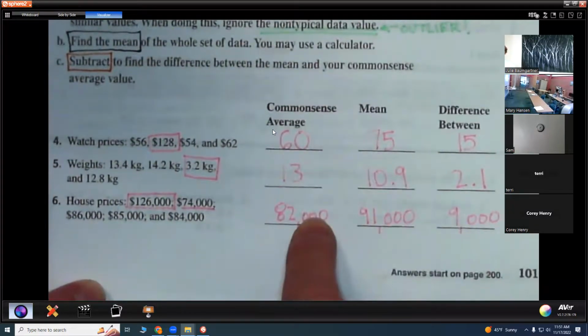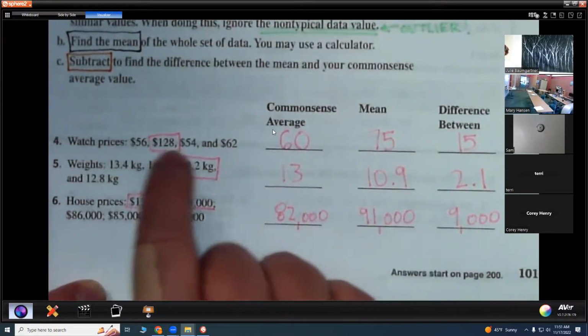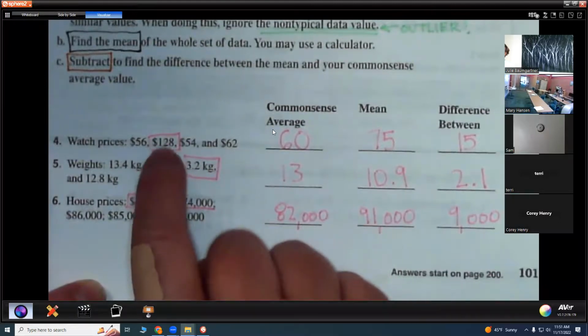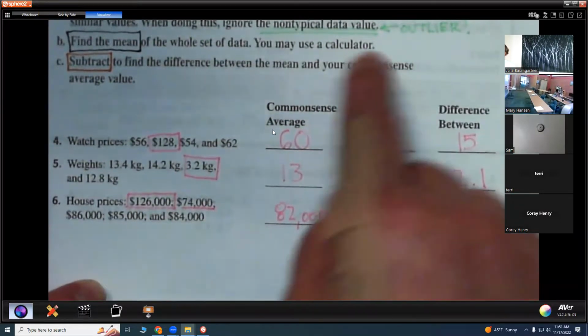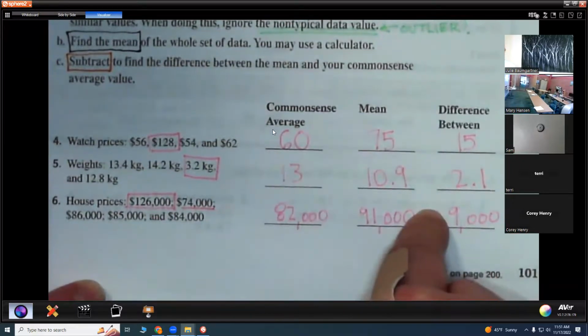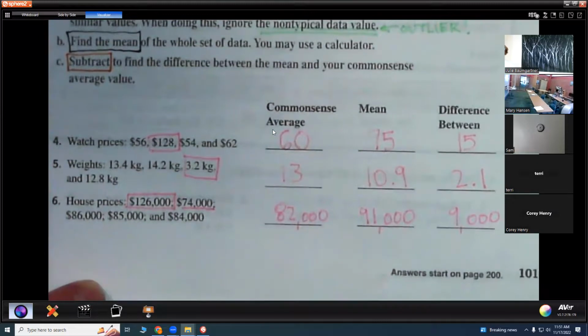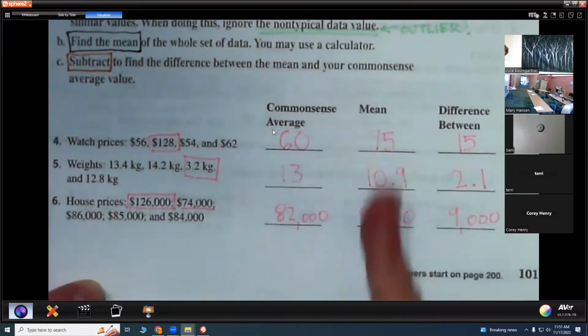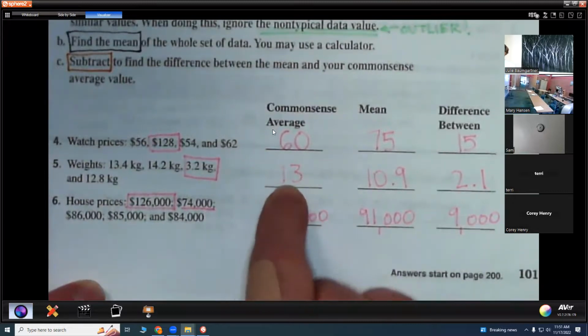So when we look at a set of data and have outliers, the mean might not be the measure we want to use to talk about where the middle of the data is. It tells us our exact middle, but it doesn't really tell us where we are generally.